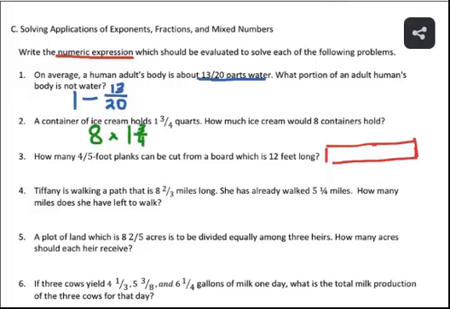So now what we want to do is cut it up into pieces that are each 4/5 of a foot. This isn't going to be at all relatively correct, but I just want you to see that if I cut once and this one's 4/5 of a foot, and this one, and this one, and so on, what operation would give me the answer to that? How many 4/5 foot planks can be cut from a board that's 12 feet long?